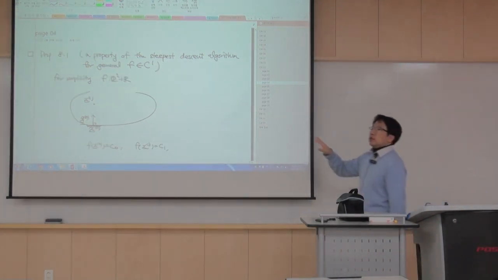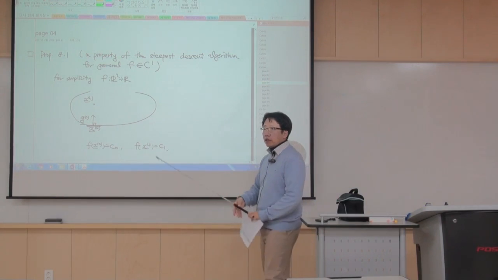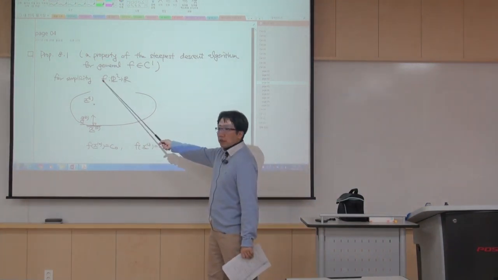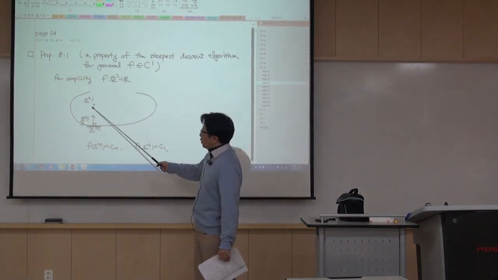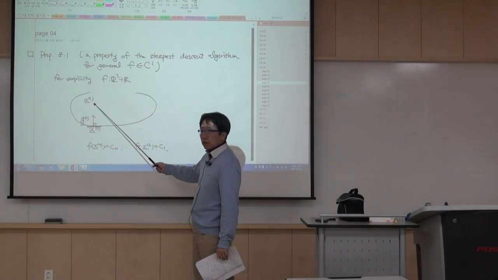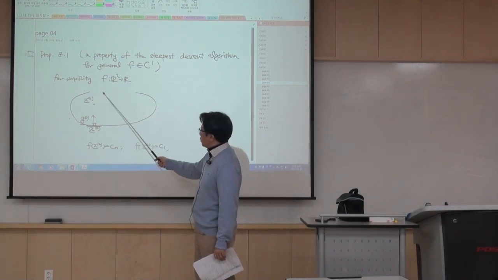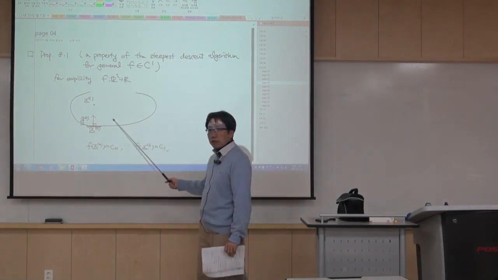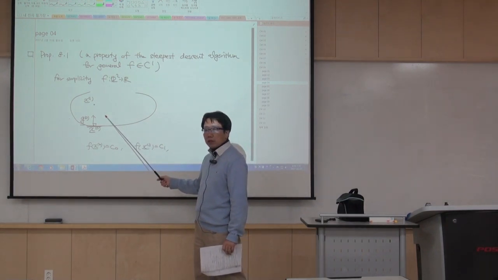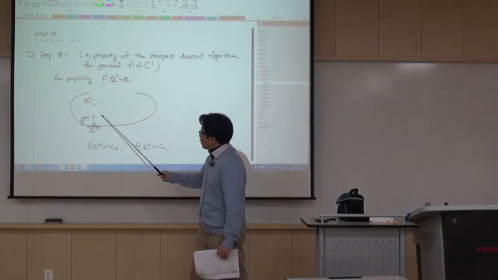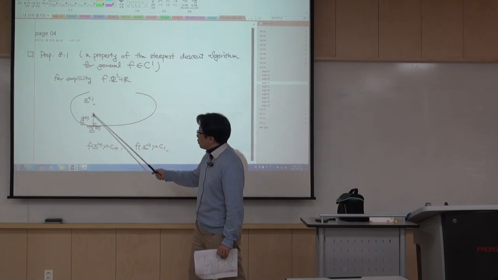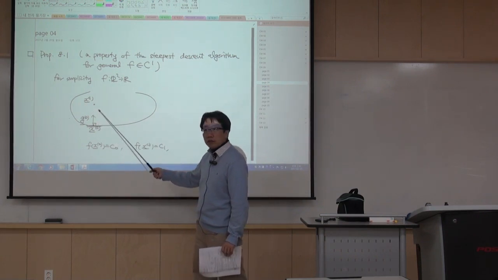Now draw the level set of this function f at the level C1. There should be a level set, right? But the question is, does this level set have its tangent parallel to this vector?